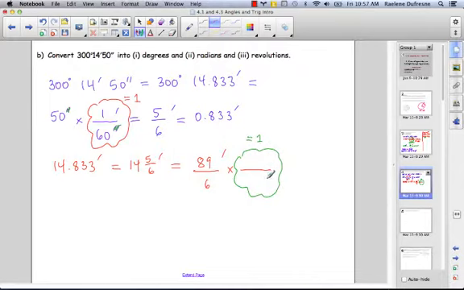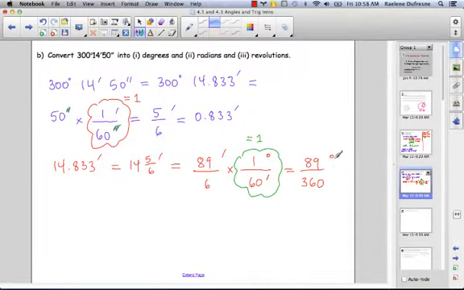So we want to get rid of minutes and we want to keep hours or degrees. How many hours belong to how many minutes? There is 1 hour for every 60 minutes, and when we multiply through we get 89 divided by 360 degrees.